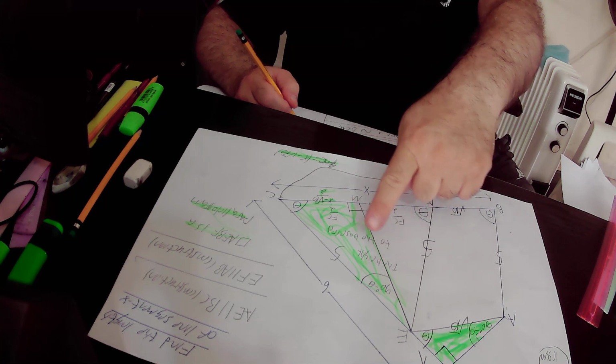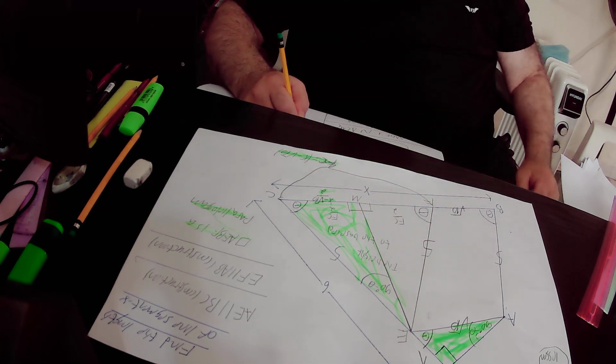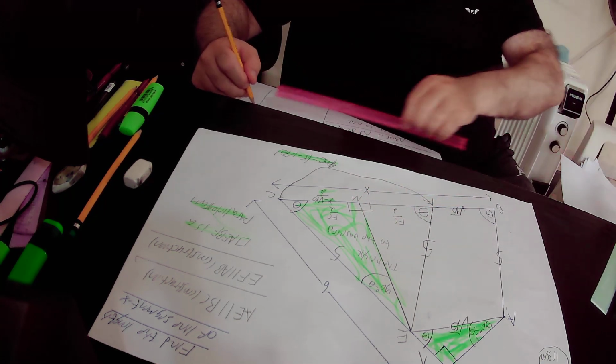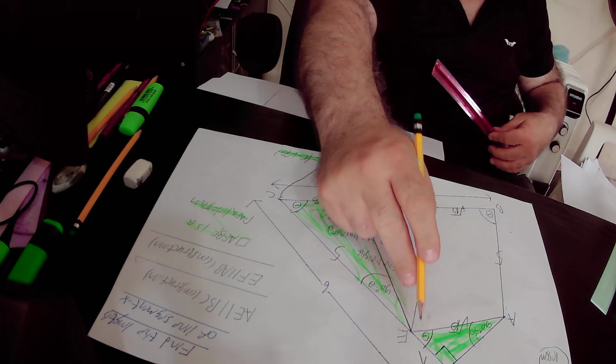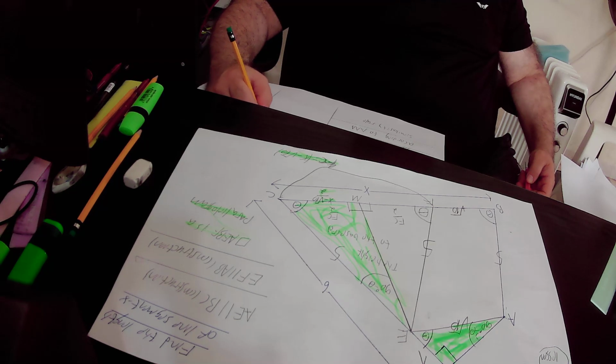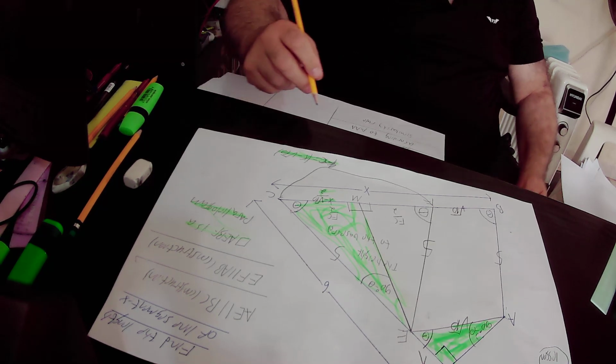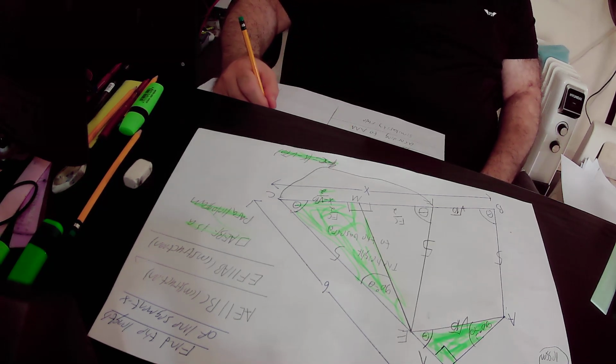EC equals 5 units. DE equals 1 unit, and MC equals x minus square root of 10 over 2.